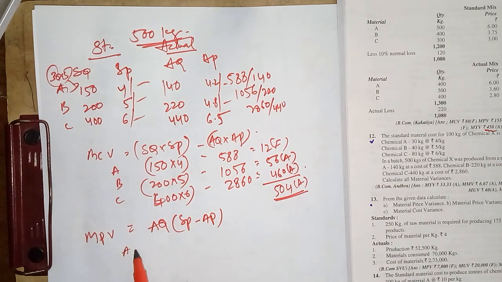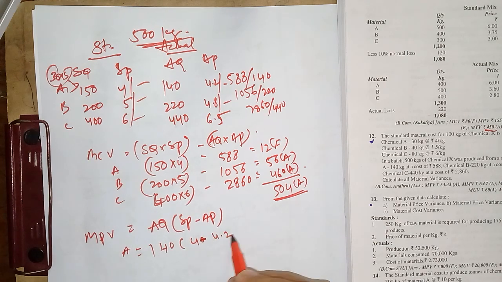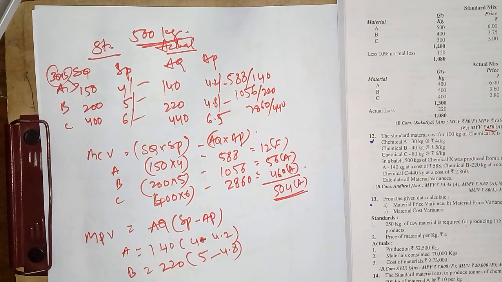For A, what is the actual quantity? 140 into SP 4 minus 4.2, and B is 220 into 5 minus 4.8, C is 440 into 6 minus 6.5. So you can get the calculations like this.